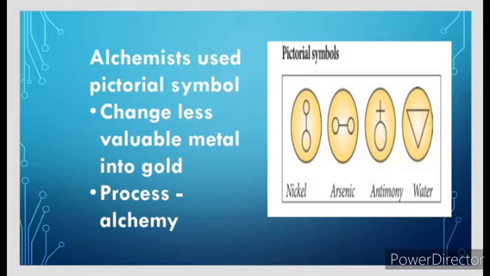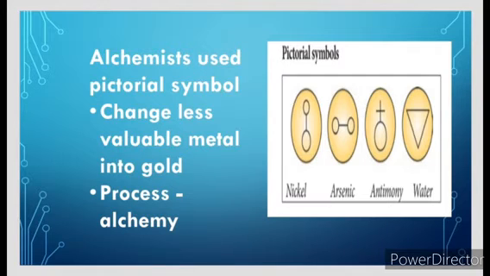So what symbols did the alchemist use? Pictorial symbols. Look at the slide, you can easily identify. First one is nickel, arsenic and antimony, water. These are all pictorial symbols, but it's very rare, they were used only very rarely.